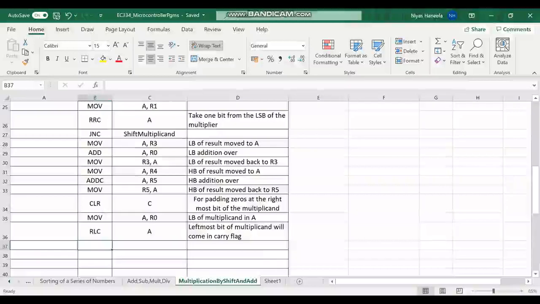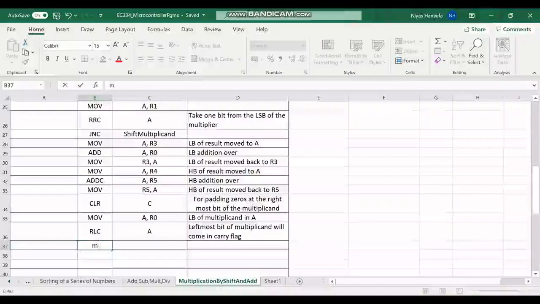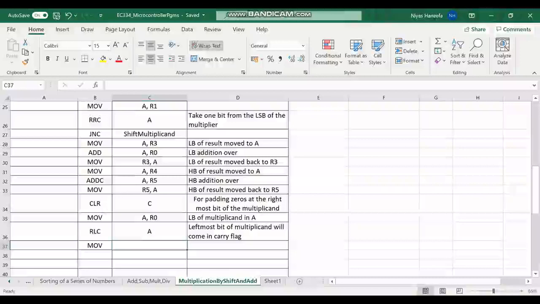We got the leftmost bit in the carry flag and the rightmost bit is populated with 0. Now we have to move this carry flag to the R5 position. So RLC A is rotated, and we got the rightmost bit padded with 0 in A. So move it back: move R0 comma A.